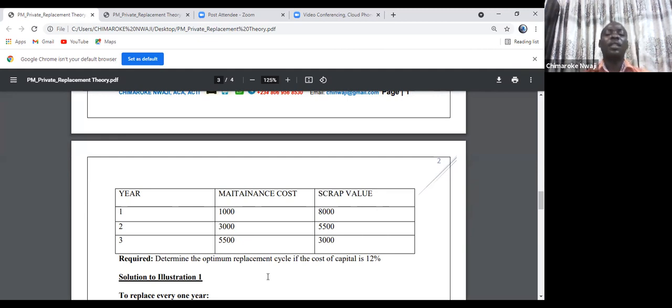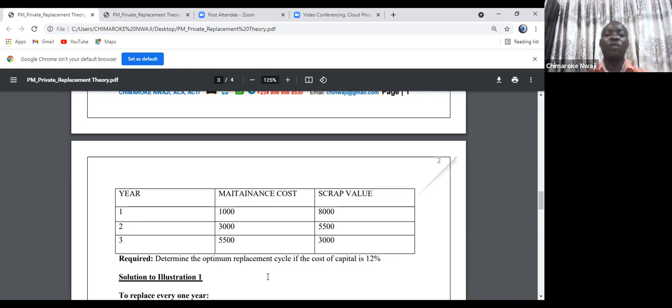Because the asset is still new, the scrap value at the first year will be high. But as you keep aging the asset, the scrap value reduces. Required: determine the optimum replacement cycle if the cost of capital is 12%.